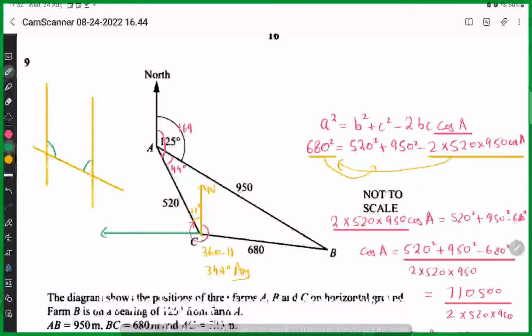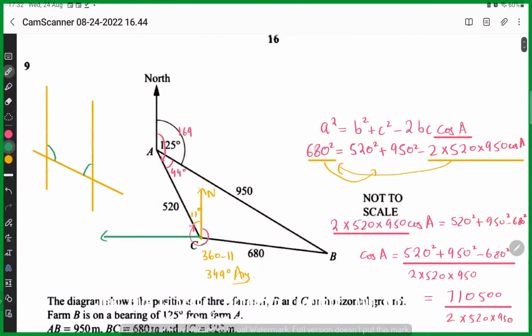But this time around, this is your first parallel line. This is your second parallel line, and this is the transversal. So this angle, that is 125 plus 44, that is 169, and this yellow angle, they are interior angles. Once I got this yellow angle as 11 degrees, I can easily find this pink angle by doing 360 minus 11, that is 349.